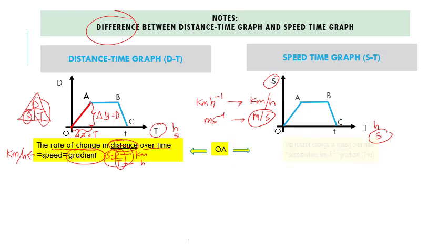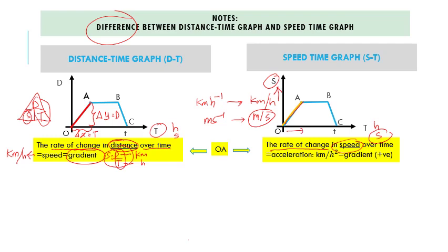Okay, so now for speed time graph, what does this mean? The speed is increasing with time. So you can say it is the rate of change in speed over time, and you call this acceleration. Why acceleration? Because your speed is increasing.